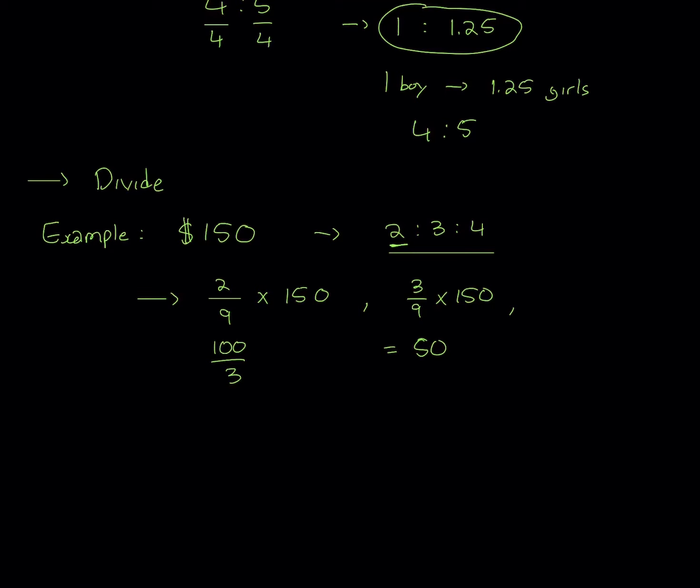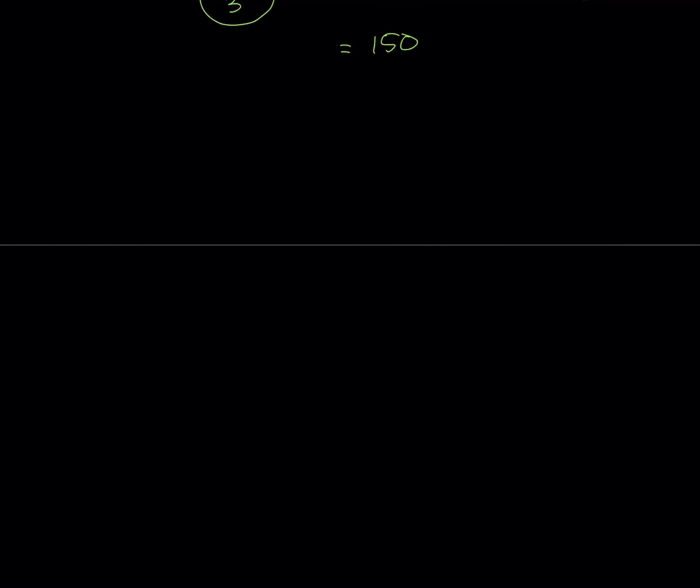And you get 4 over 9 times 150, and you get 200 over 3. Now, these values, if you add them all up, should give you 150. So this essentially says that 2/9 of 150 is 100 over 3, 3/9 of 150 is 50, 4/9 of 150 is 200 over 3.